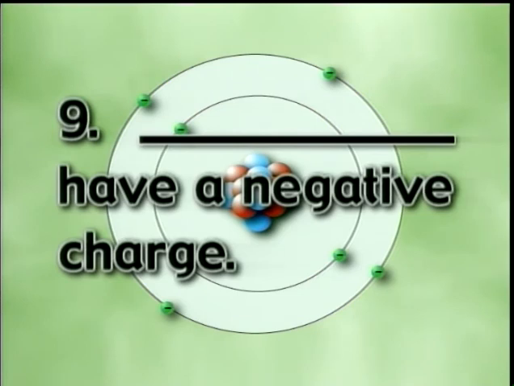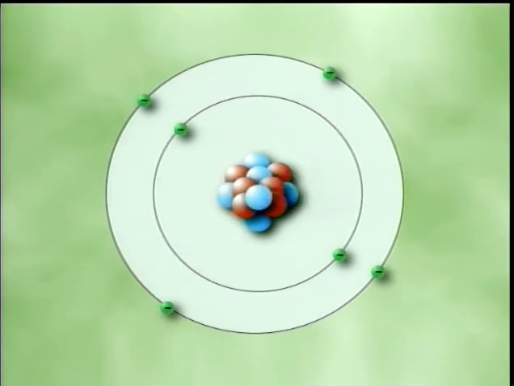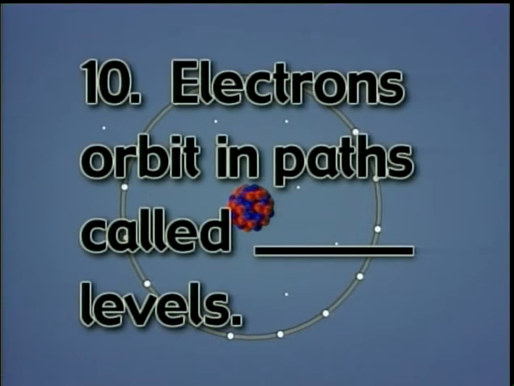Number 9. Have a negative charge. And number 10. Electrons orbit in paths called levels.